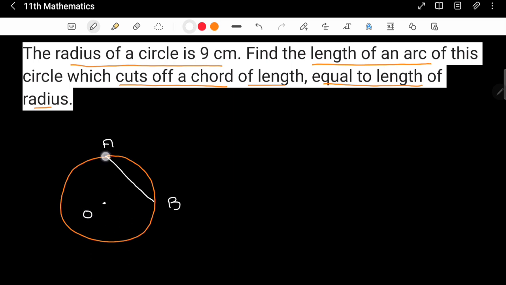Then OA is the radius of the circle and OB is also the radius of the circle. So in this case, we get an equilateral triangle OAB with all the sides equal to R, which is the radius of the circle. What we have to find out is the length of this arc AB.